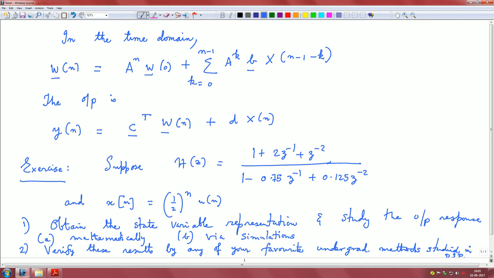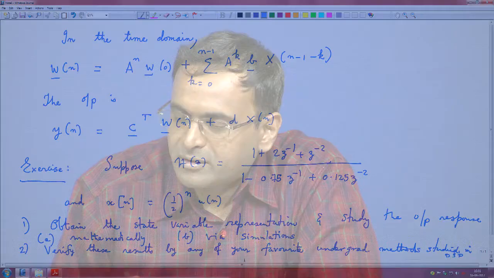You have done different methods for figuring out the output given the input, right? You have done many techniques.